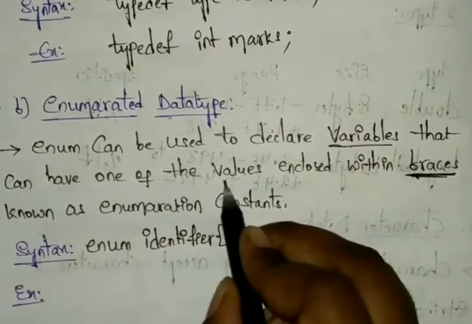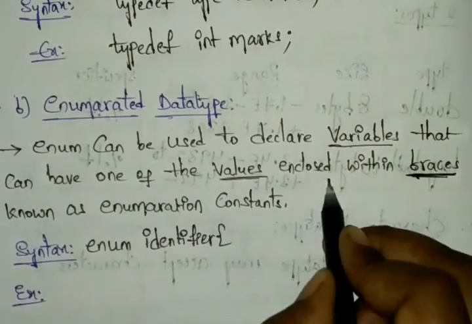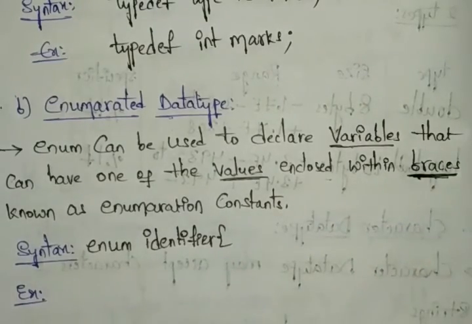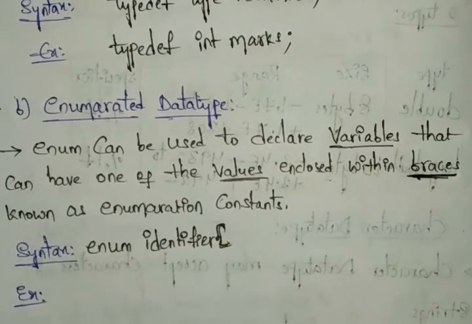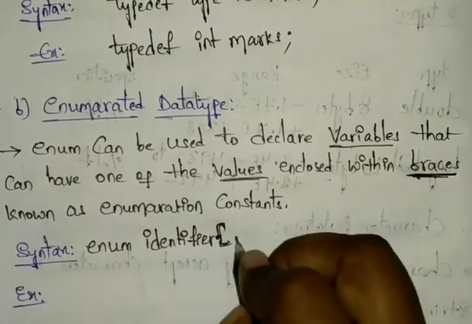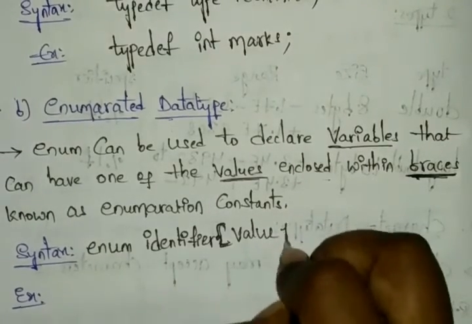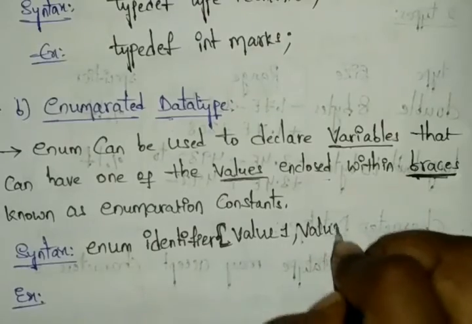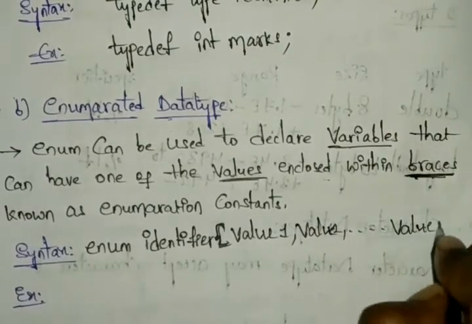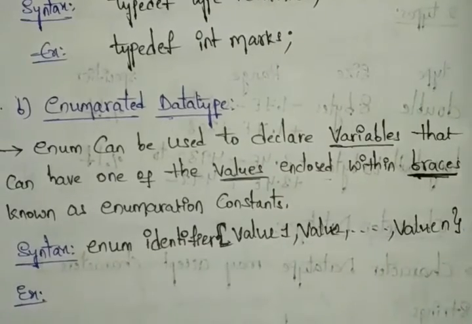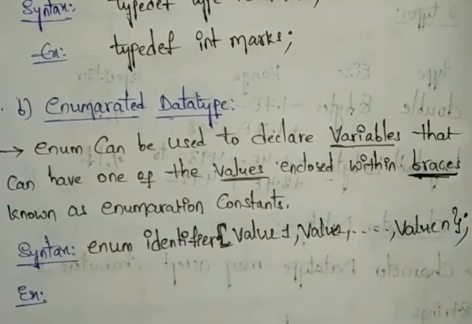And whatever values you have are enclosed within braces, right? So here I am opening the curly brace. In this I am mentioning our enumerated values. You can mention value 1 and value 2, however many values you need, up to n times. After the completion of that, you can give the semicolon.